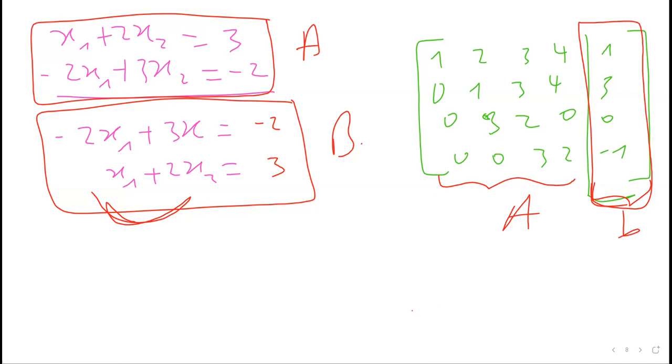If we now want to go on further, then we will have 1, 2, 3, 4, 0, 1, 3, 4. Now what we want to do in this case is to take this 3 to 0. So let's take row 3.